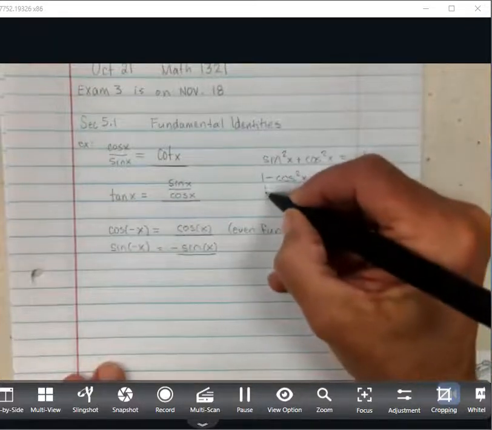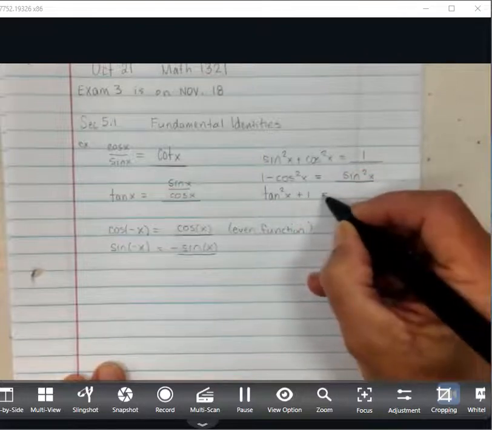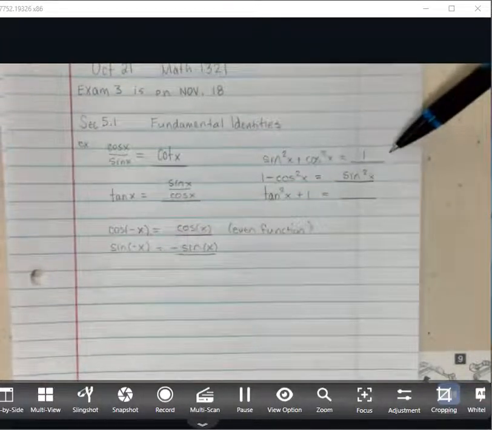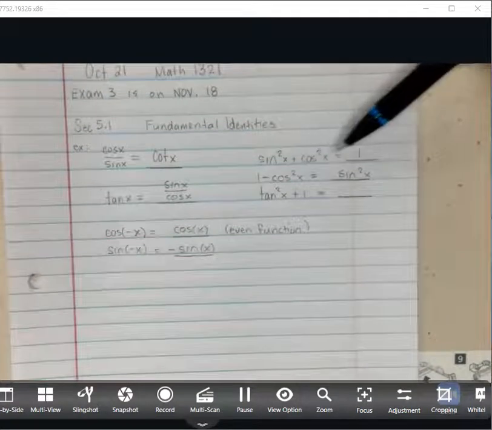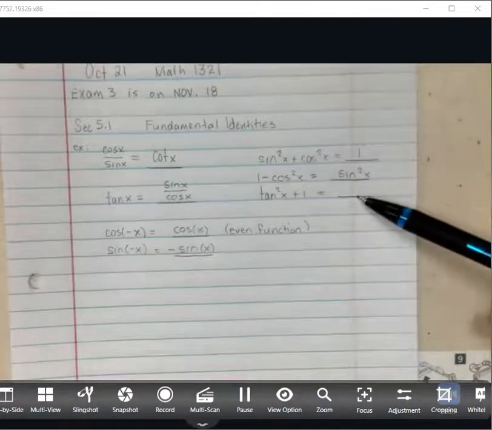Then we have a version of it with tangents. Tangent squared plus 1 is equal to what? Well, let's just go back here and derive it. To go from a sine squared to the tangent squared, you divide by cosine squared. So divide all 3 of these terms by cosine squared, and then tell me what goes in this blank over here.